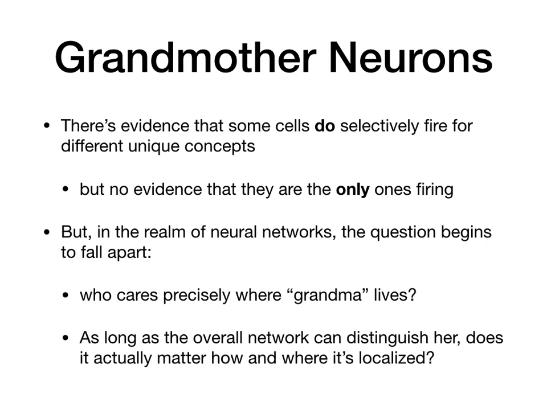So more likely, it doesn't matter where grandma lives, as long as the overall network is behaving in a way that distinguishes her, understands her, can communicate with her, can remember her, whatever function we need to operate. We don't need an individual single spot where a very clean representation of grandma lives. What we need is to understand the more dynamic, broader patterns that might give rise to our understanding of grandma.